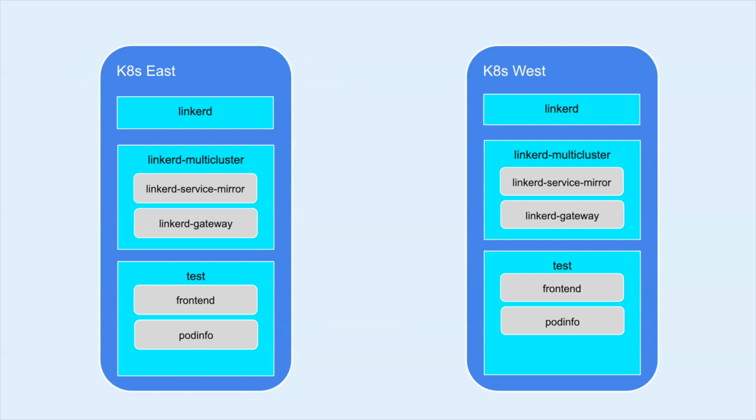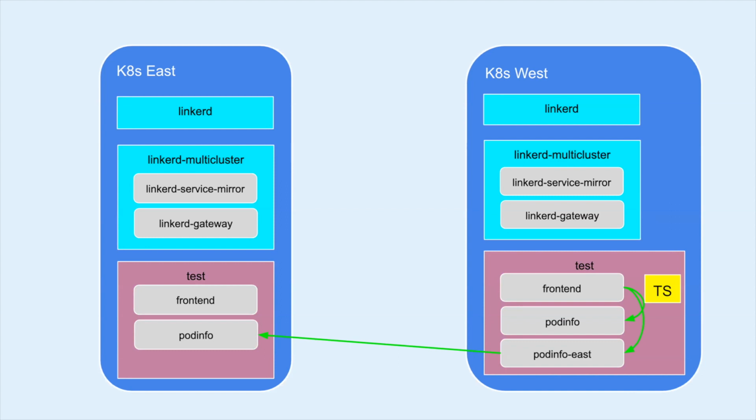And now when we put this all together, what we see is that we've got our Linkerd control plane running in each cluster. We've got the linkerd-multicluster namespace with our service mirror and gateway components. And then we have all of our workloads. The workloads that I'm going to use today come from our friend Stefan Prodan and the work that he's done with the PodInfo demonstration.